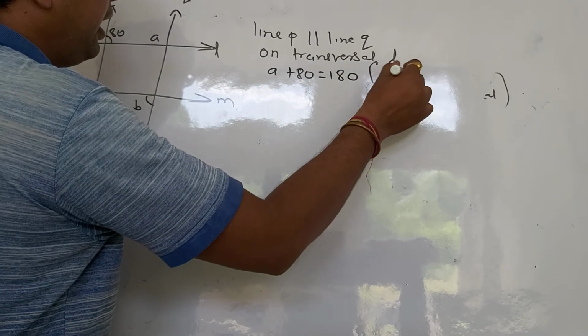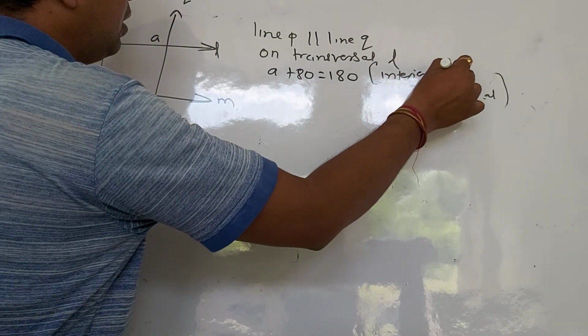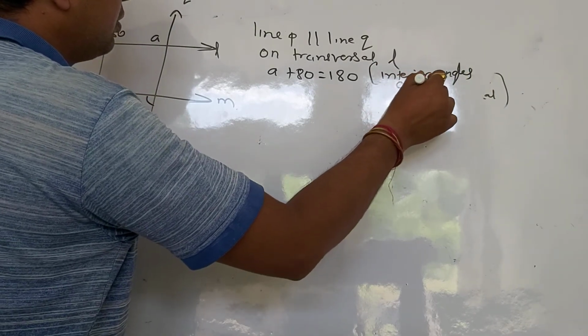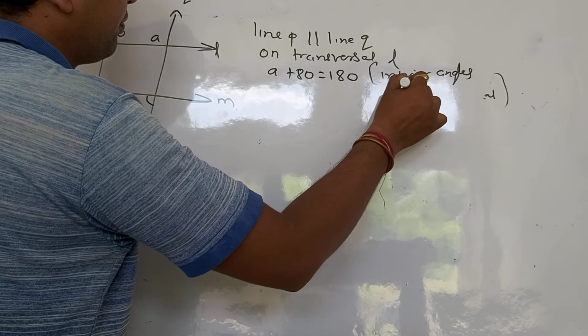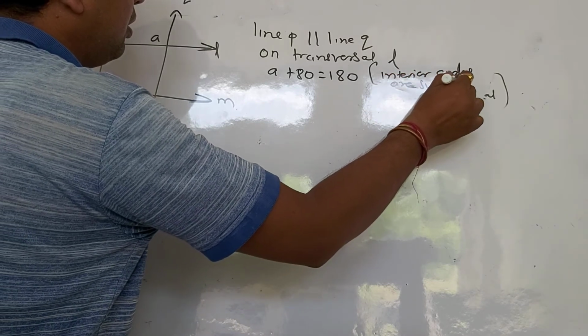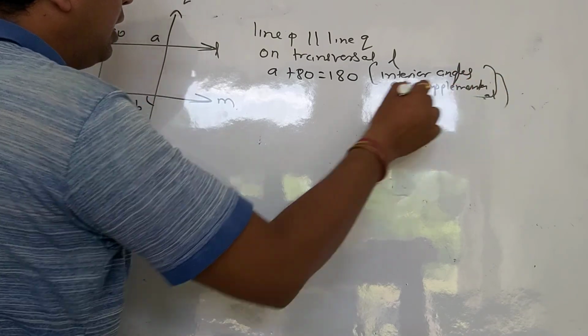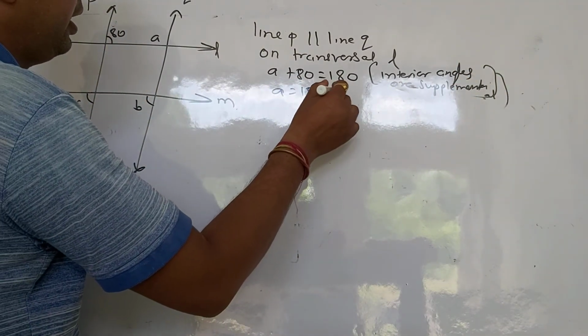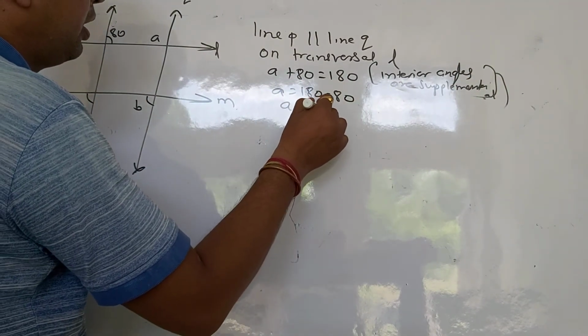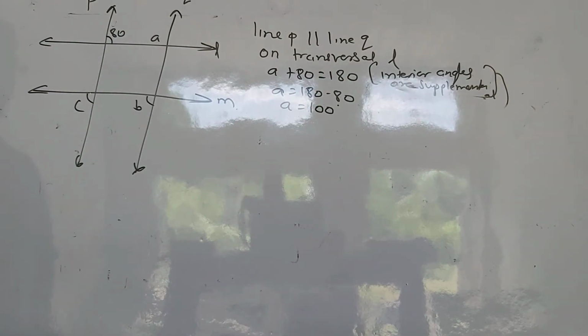You can write interior angles are supplementary. Now A is equal to 180 minus 80, you will get A is equal to 100. We got the value of A here.